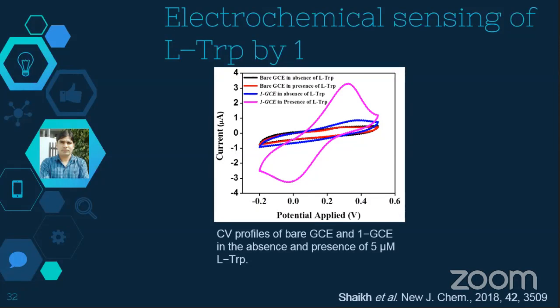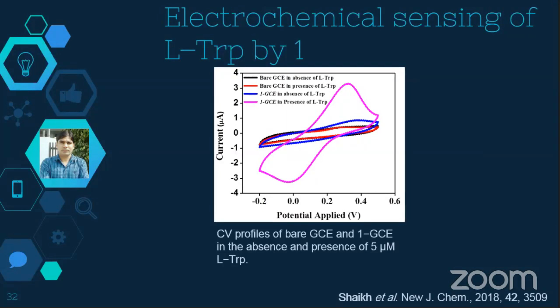Here you can see separate, differently colored lines, very colorful. The black cyclic voltammogram at the back is your bare electrode.